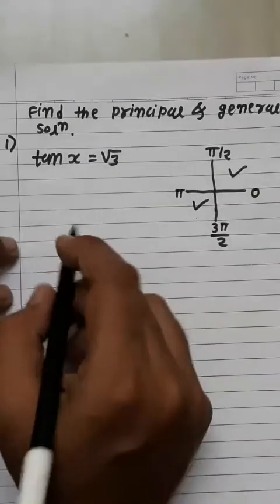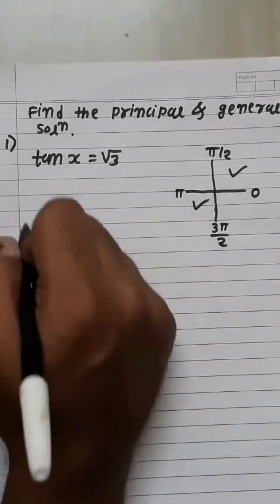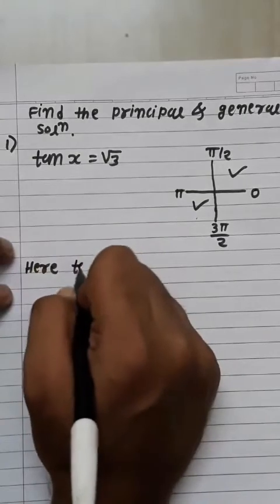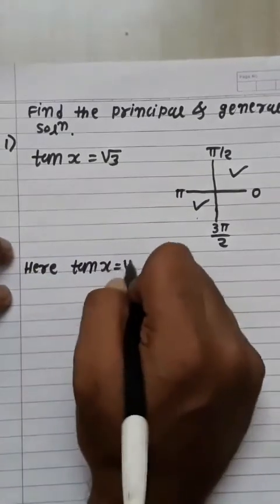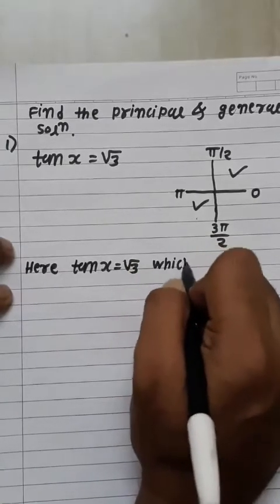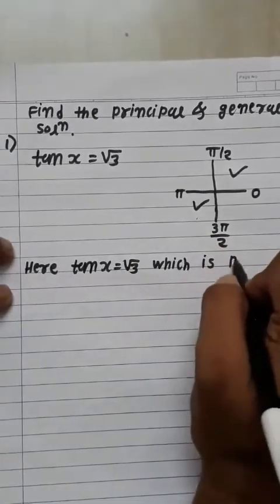So here tan x is equal to root 3, which is positive.